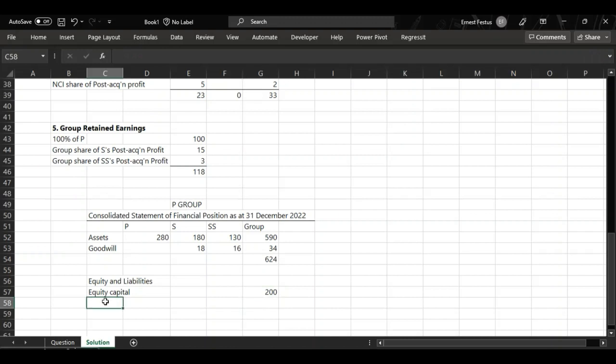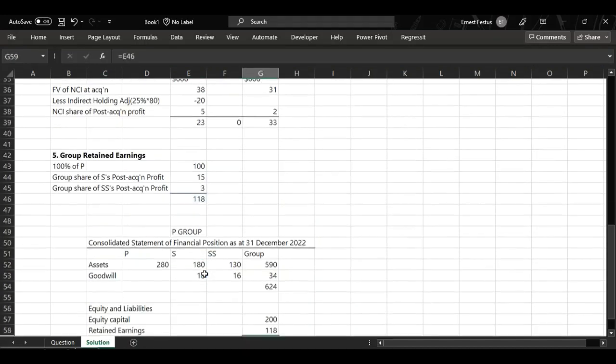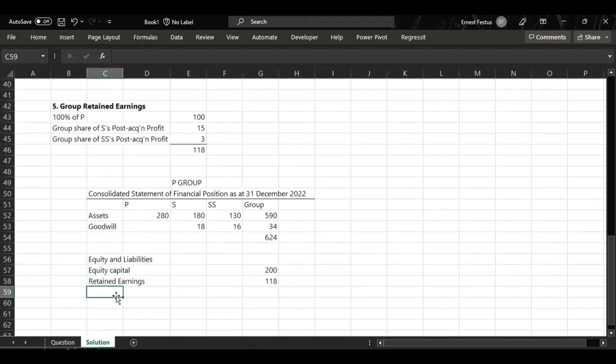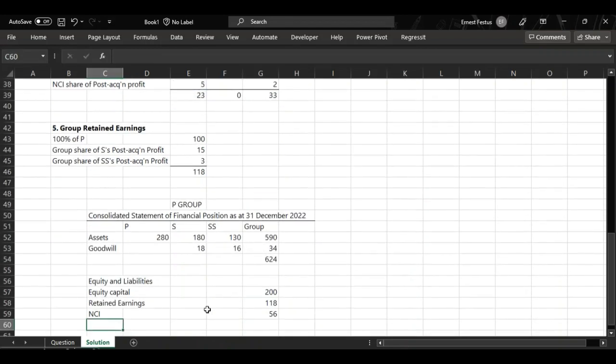And then we can also have our retained earnings, and that can be gotten from our workings, the workings 5. Then we'll have our NCI, and that we can get from our NCI calculation in workings 4.